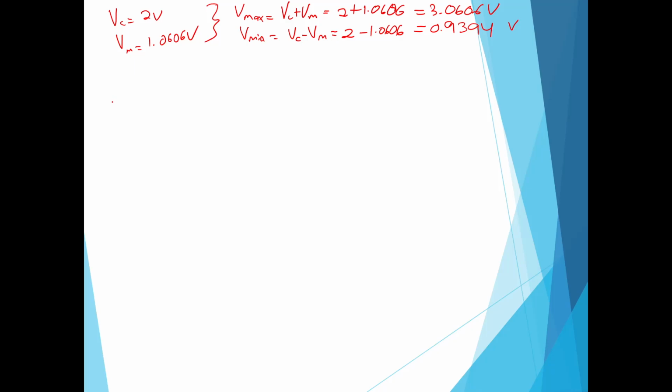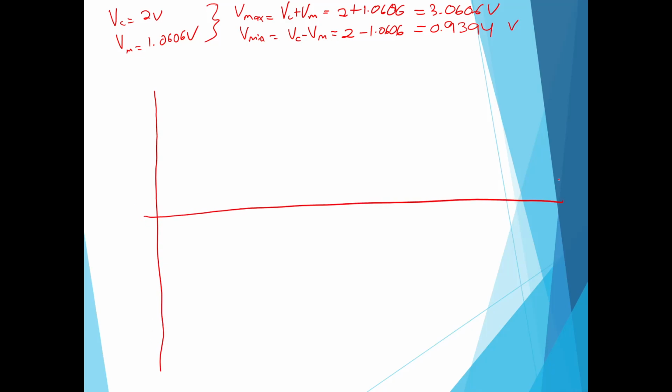First of all I will do the axis. The axis is voltage versus time. Another thing is that I will do a reference point, the reference of VC, which is around here. This is just a reference.